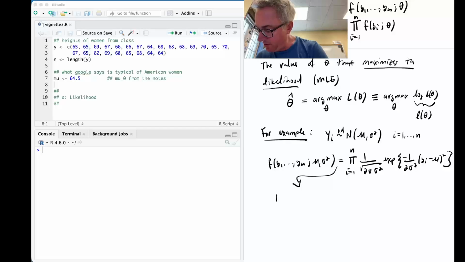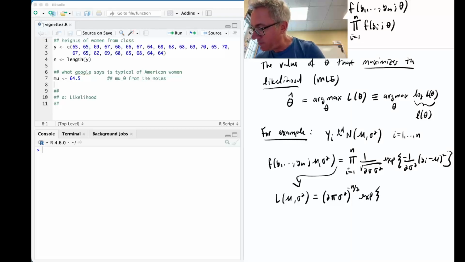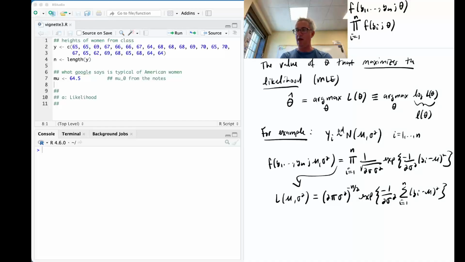So the likelihood, which is going to be viewed as a function of these two parameters, can be expressed as whatever we choose to simplify this expression. So last time what we did was we wrote the 2 pi sigma squared part out front, and then we brought the product into the exponent like that.